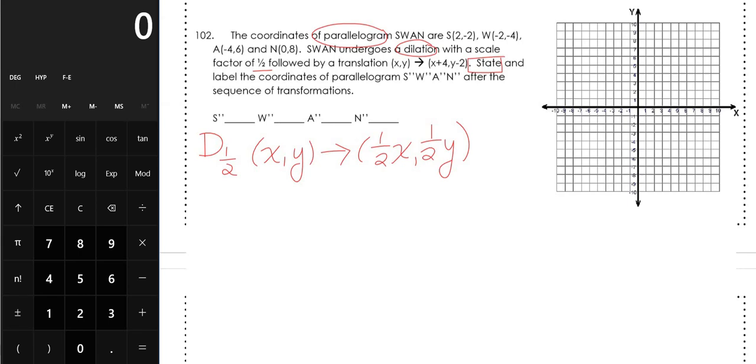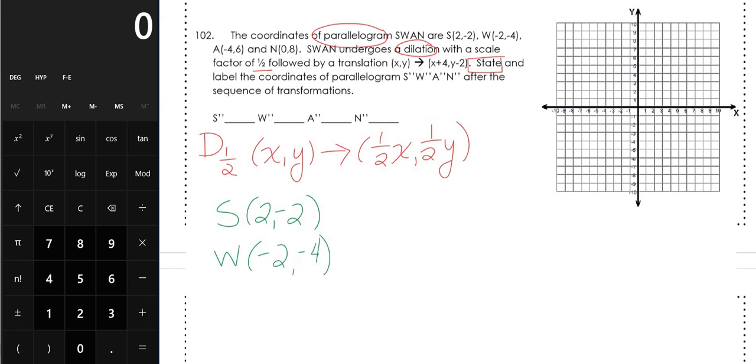So we're going to go ahead and write down all 4 of our coordinates. I'm going to write them vertically, and I'm going to do the entire dilation. So let's start off. S is at 2, -2. W is at -2, -4.